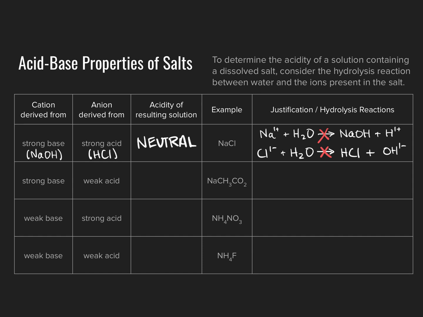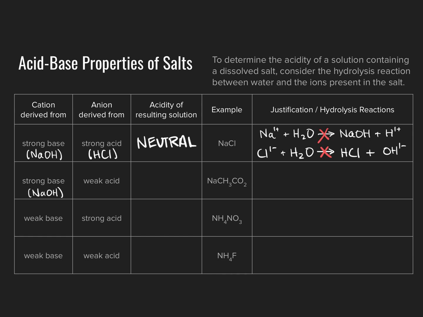Now, that being said, that's a very different situation than if we react a cation derived from a strong base with an anion derived from a weak acid. A great example of this type of species would be the species listed there for you, which is sodium acetate, that is NaCH3CO2. Now, as we saw above, the sodium ion is a cation derived from sodium hydroxide, that is a strong base.